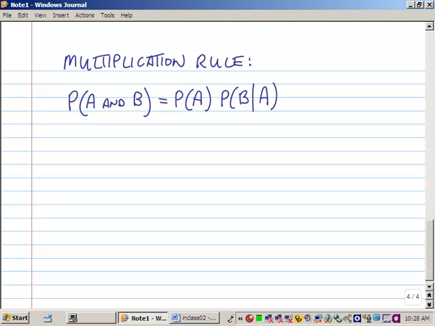While we're at the multiplication rule, just like when we talked about the addition rule, where we had the concept of mutually exclusive, with the multiplication rule we have the concept of independence.